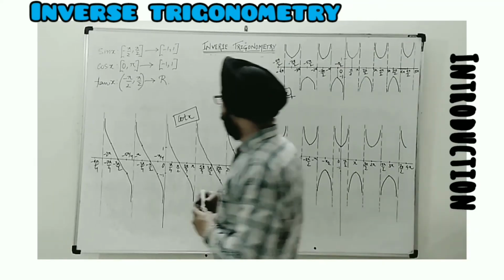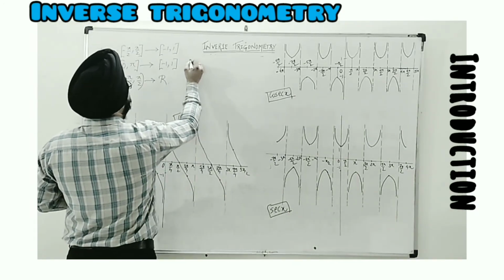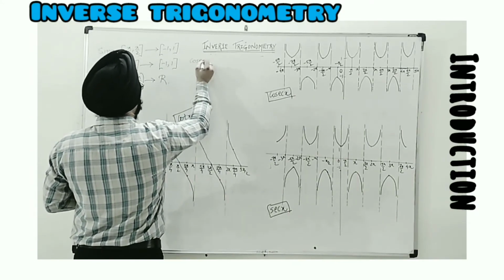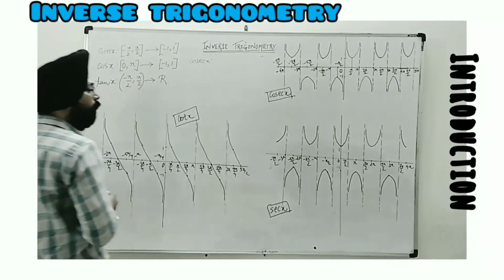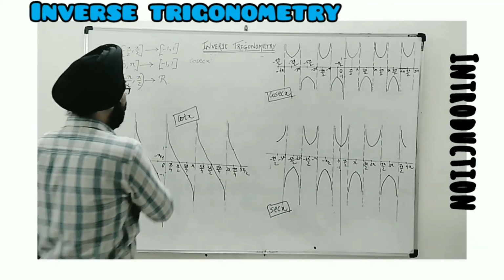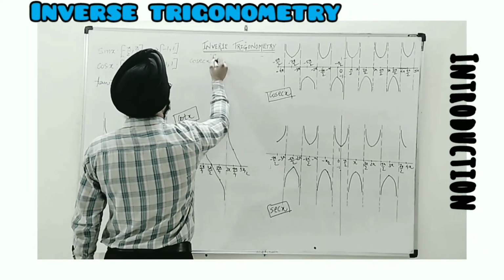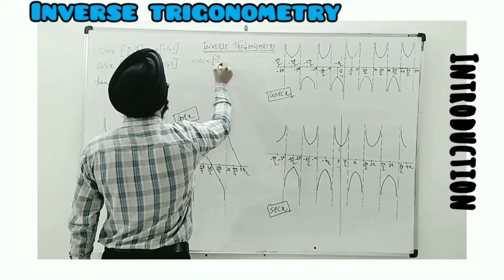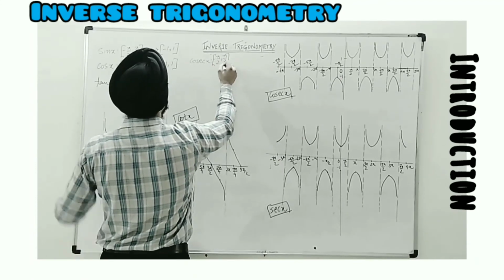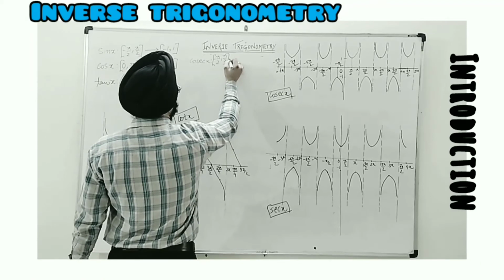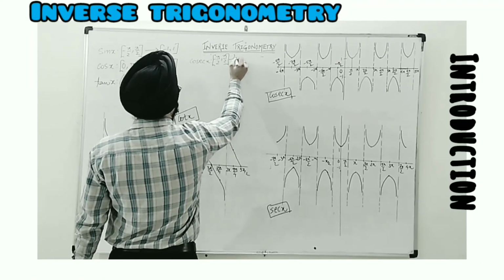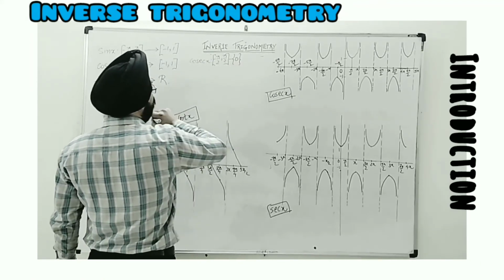So its principal domain is written as: for cosec x, minus pi by 2 to pi by 2, the same interval we have taken for sine, but we subtract that value for which it is not defined, meaning 0.